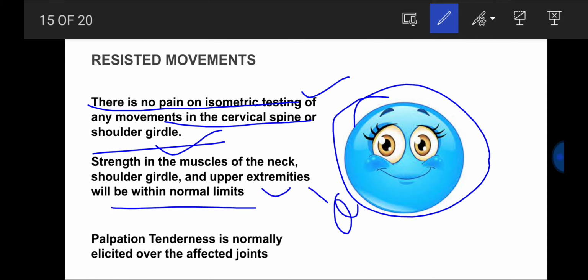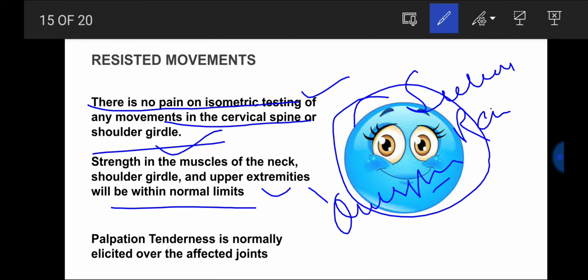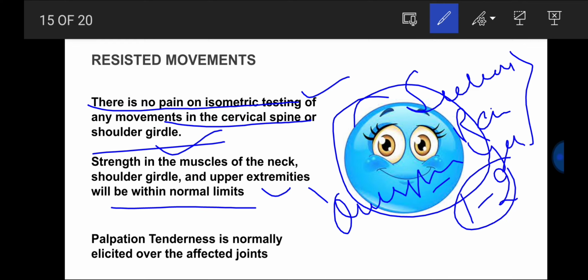So here is one question: the strength of the muscles. The patient has sudden pain. Okay. No previous history or anything else. If the patient has had neck pain for one to two years, there is some reduction in strength.